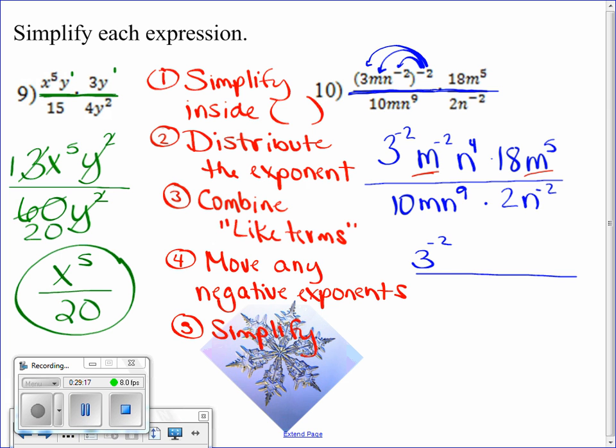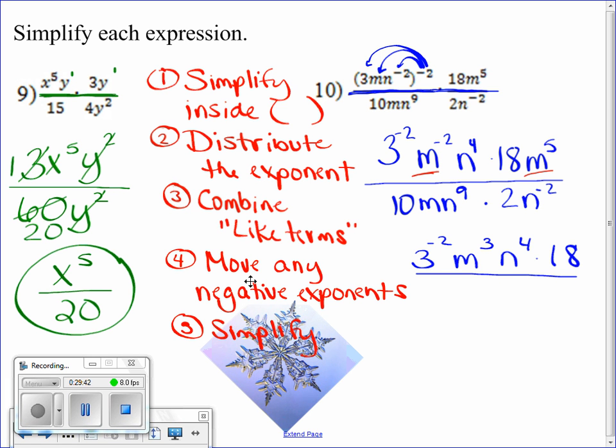Good, that's m to the 3rd. All right, and then I have an n to the 4th, and I have that 18. Can I multiply the 3 to the negative 2 times 18? I can't, only because this has this darn negative 2 as an exponent. I can't actually multiply those together.